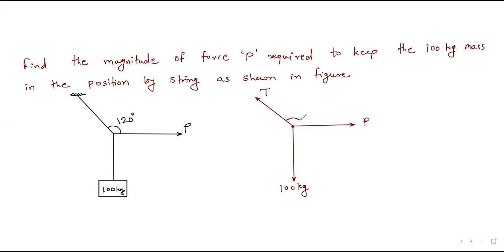And this angle is given as 120 degrees. This angle is obviously 90 degrees, because weight always acts vertically downward and this force is horizontal. What will be the remaining angle? You can do 360 minus 120 minus 90.